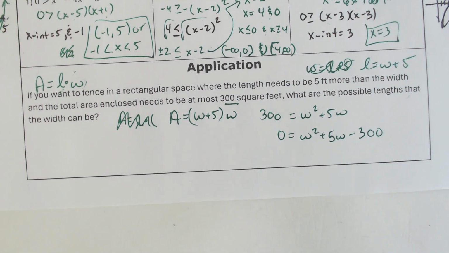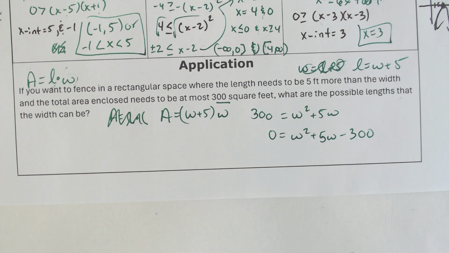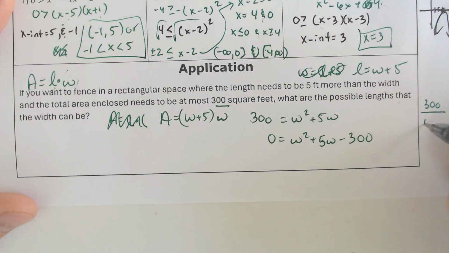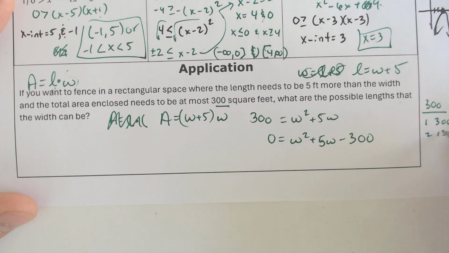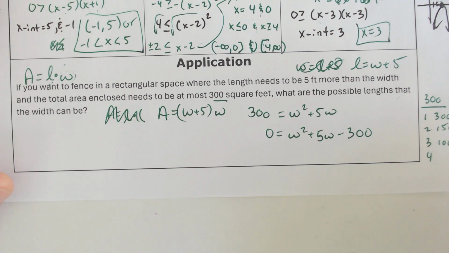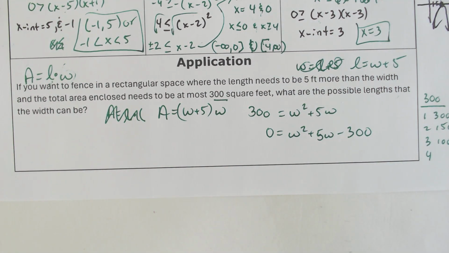And what multiplies to 300 but adds to 5? That is an excellent question. I need to find a calculator, maybe. Let's see. 300 divided by 1 is 300. 300 divided by 2 is 150. 3 is 100. What is 300 divided by 4?